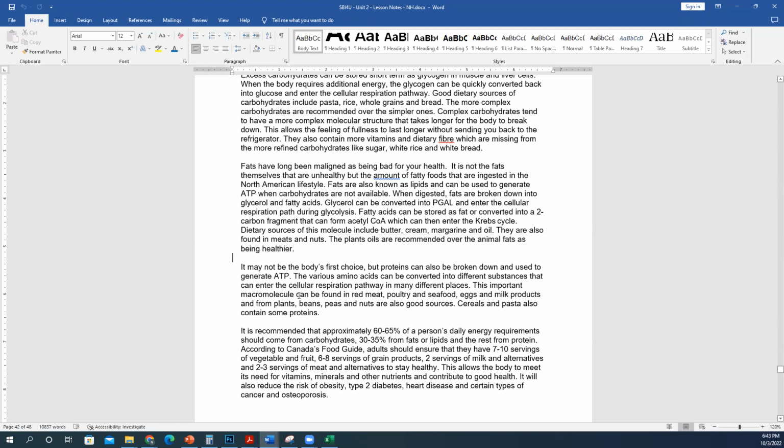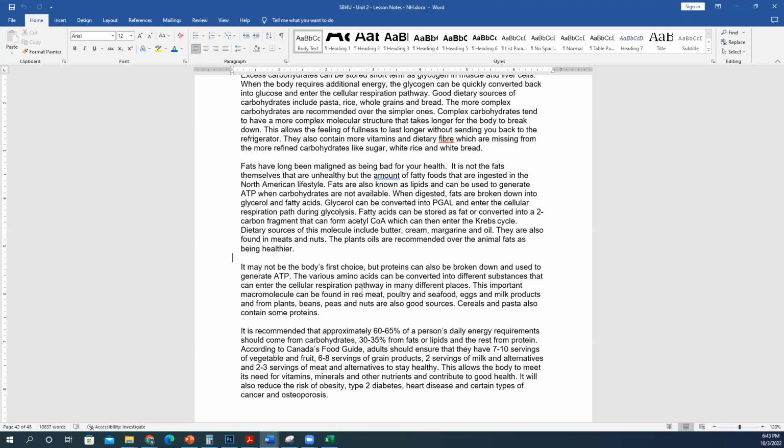The other molecule that the body is also able to metabolize, though it's not the body's first choice, is protein. And proteins can also be broken down to create ATP. Protein is made up of various amino acids, and these amino acids can get converted into substances that then enter cellular respiration in many different places.